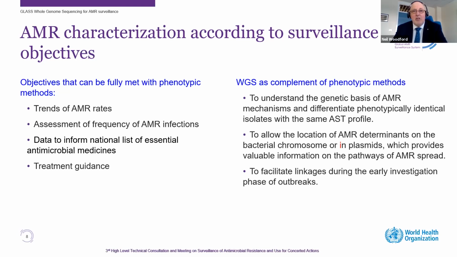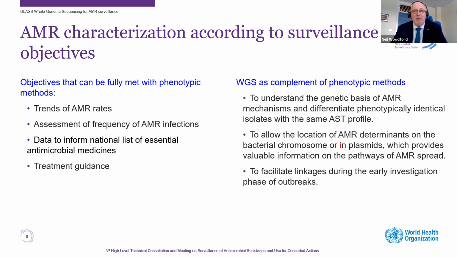It also allows us to start looking at the location of those resistance determinants. Are they mutations in the bacterial chromosome or acquired genes in the chromosome, or are they on plasmids? If they're on plasmids, are those plasmids highly transmissible? And this starts to provide valuable information on how that particular type of resistance will spread between strains, species, and genera of bacteria.